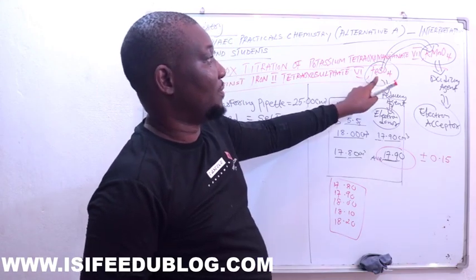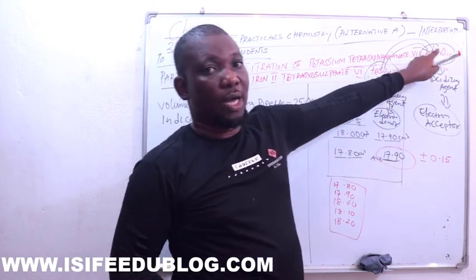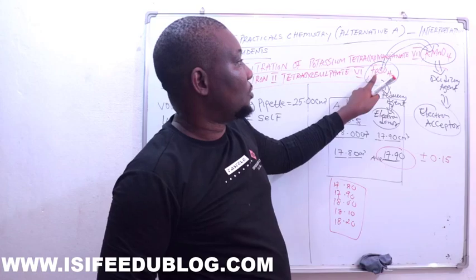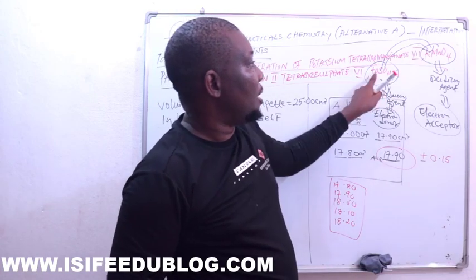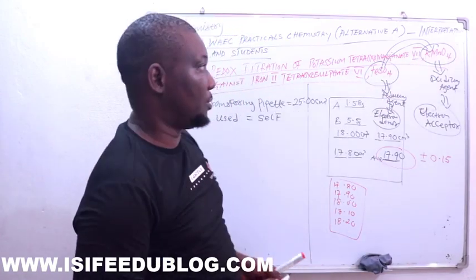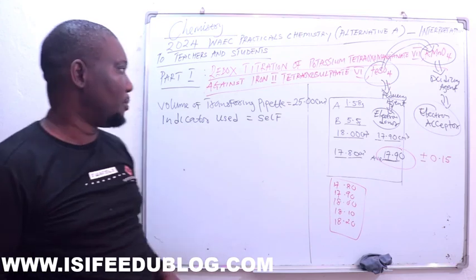So electron is being transferred from iron 2 to iron 3. Sorry, from iron 2 to manganese. As electron flows from here to here, iron 2 is oxidized, while manganese is reduced. Okay, it's a very interesting practical.